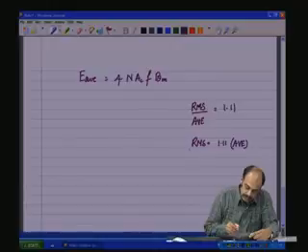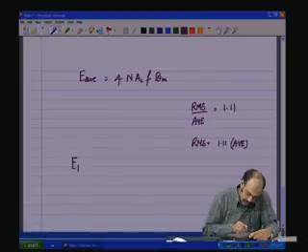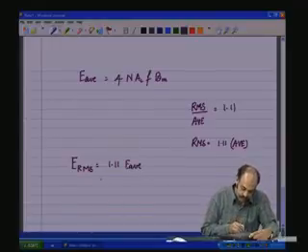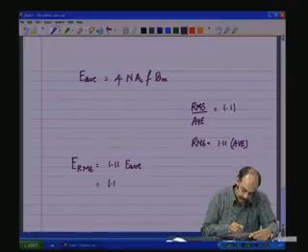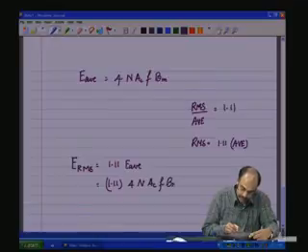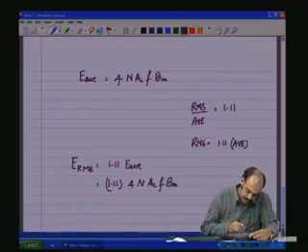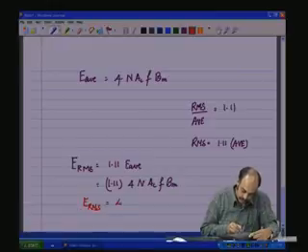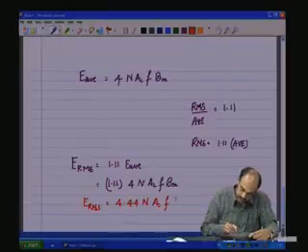Using that relationship here, the RMS value is equal to 1.11 into 4 n a c f Bm, or we have the voltage across the coil E RMS equal to 4.44 n a c f Bm.